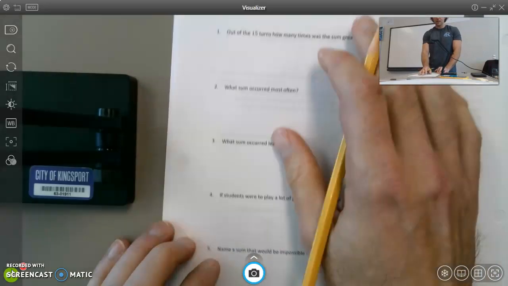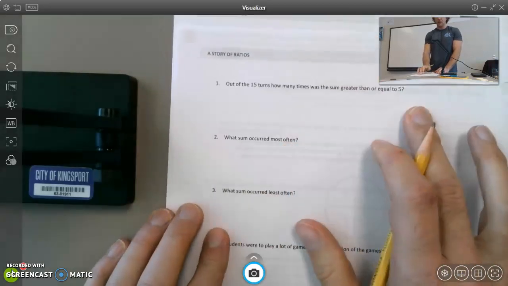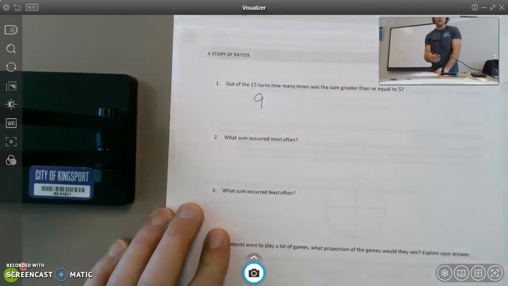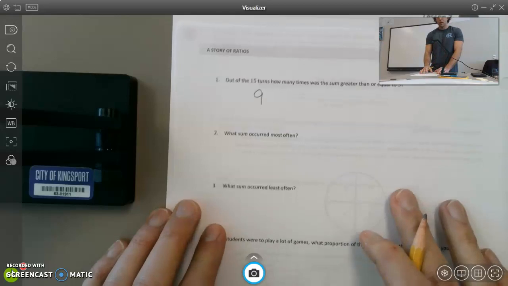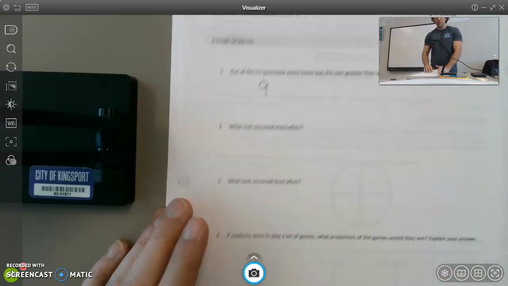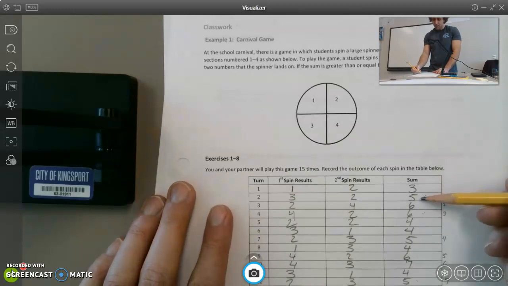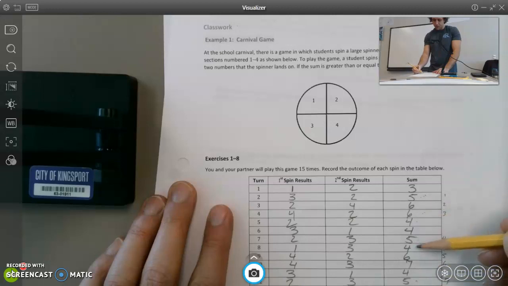Out of the 15 turns, how many times was the sum greater than or equal to 5? I got 9. Obviously, if you do this activity on your own, you will have different answers. Okay. What sum occurred most often? So I could look and see. I assume 4 or 5. 5 occurred 1, 2, 3, 4 times. 4 occurred 1, 2, 3, 4, 5 times.